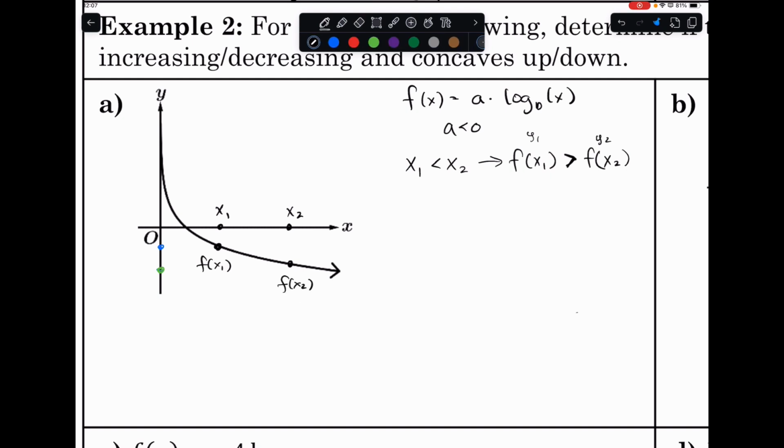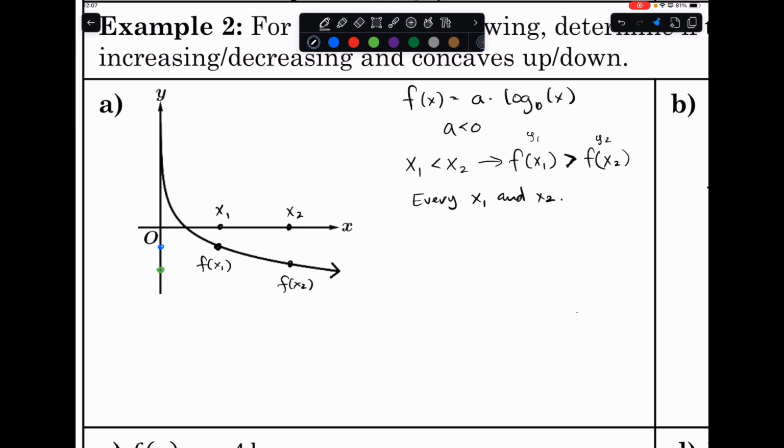So that's the formal definition to state that a function is decreasing. And again, this is going to be true for every x1 and x2. So this function is decreasing.